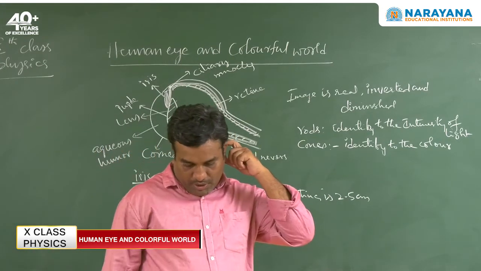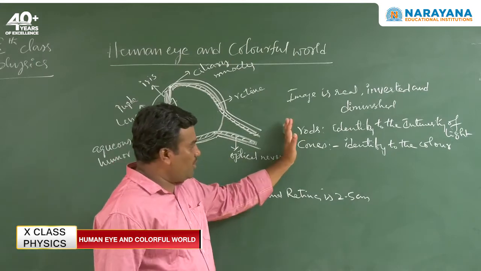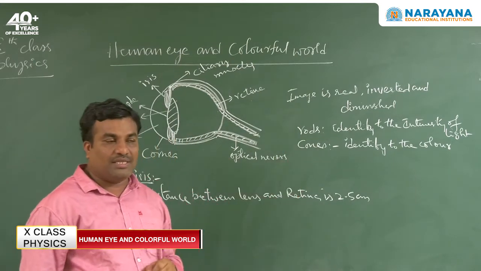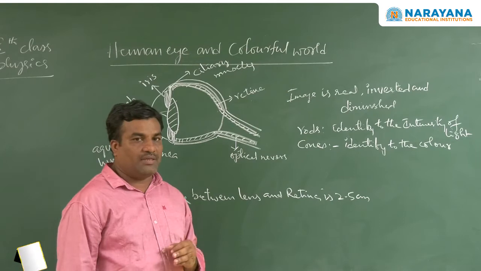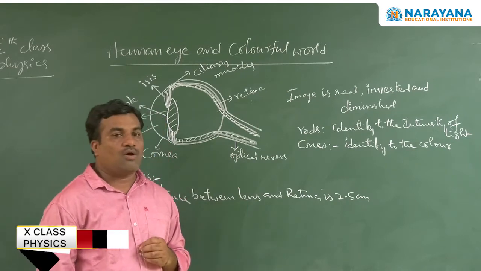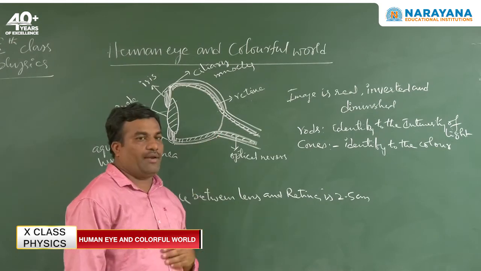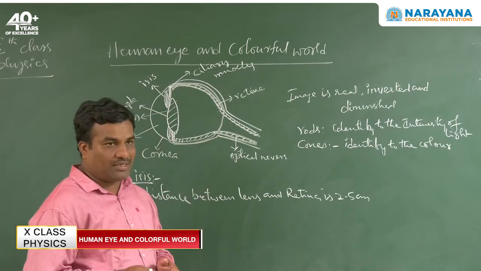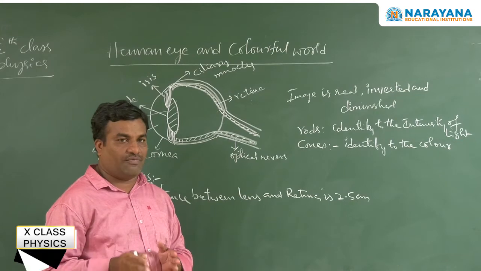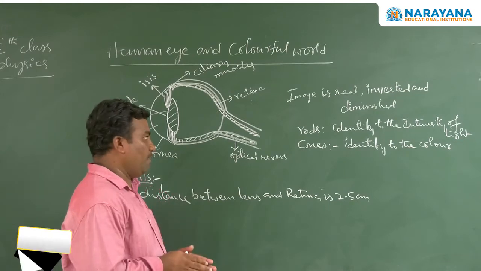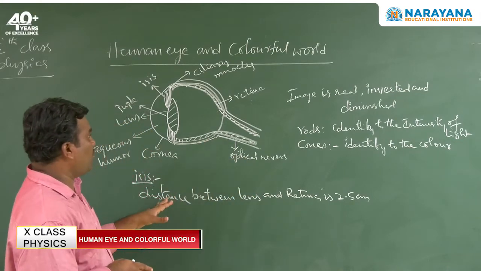When rods and cones are stimulated, this is transmitted to the optical nerve, and the optical nerve goes to the brain. So we get perfect shapes and sizes of images on the retina. This is the structure of the human eye.